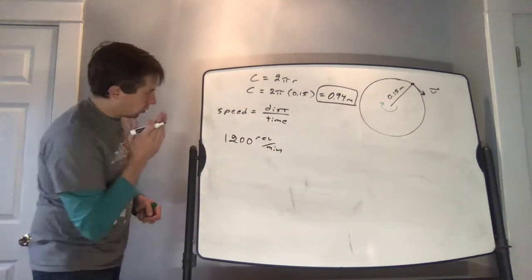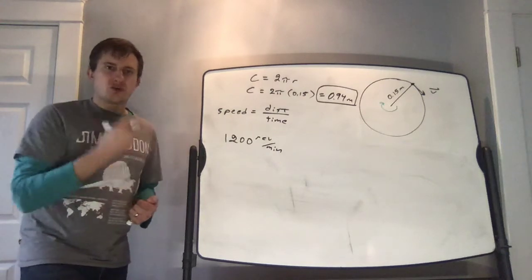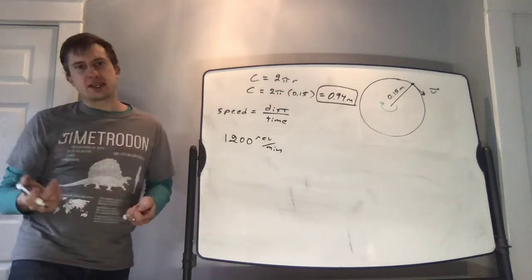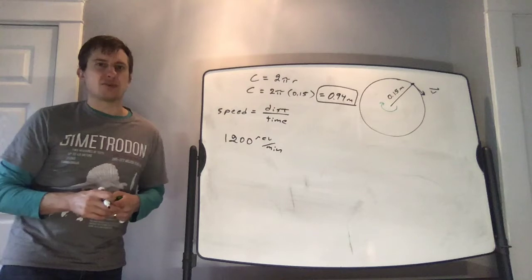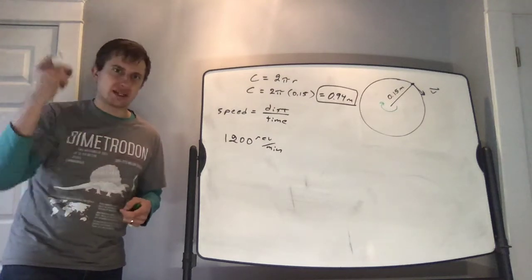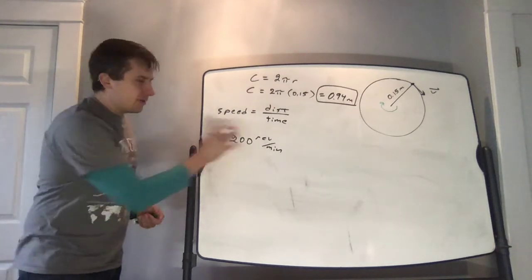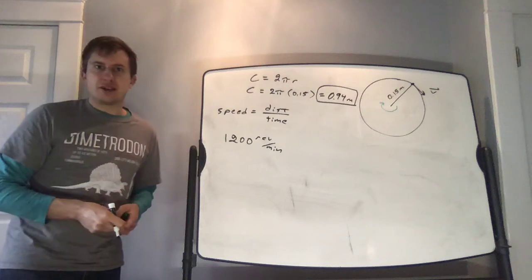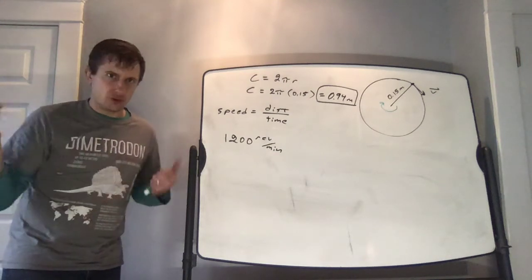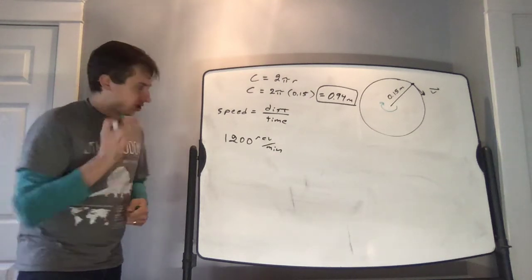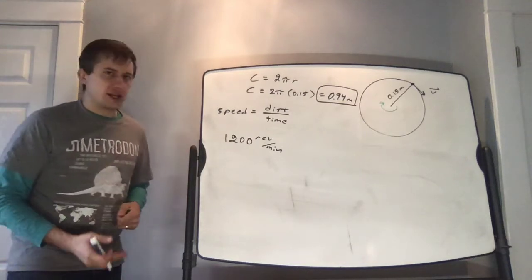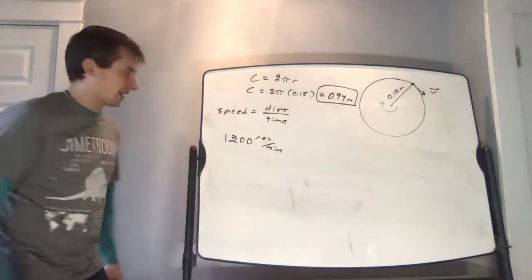Okay, well, one revolution is once around the fan. That is something that does not have units. That's basically counting the number of times around. And minutes is not usually the unit of time we want to work with. We would rather work in seconds. So first, let's convert this number into revolutions per second.